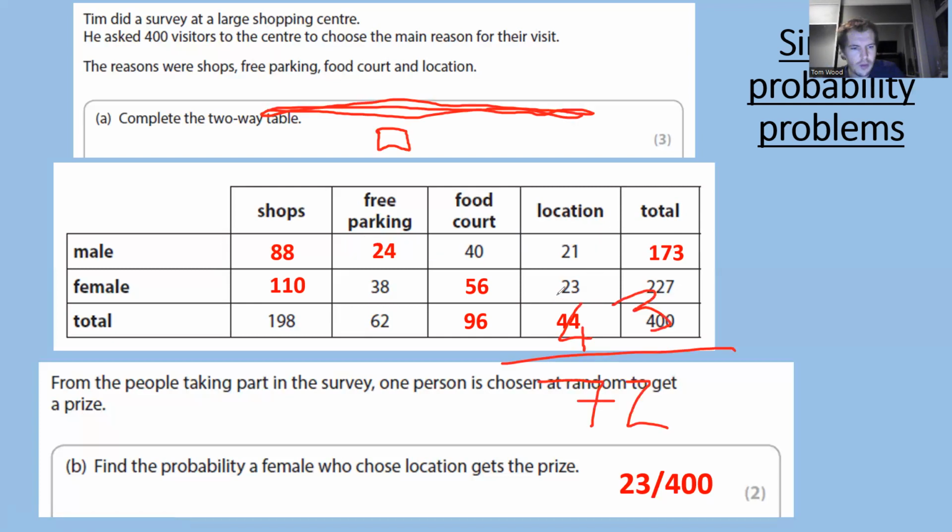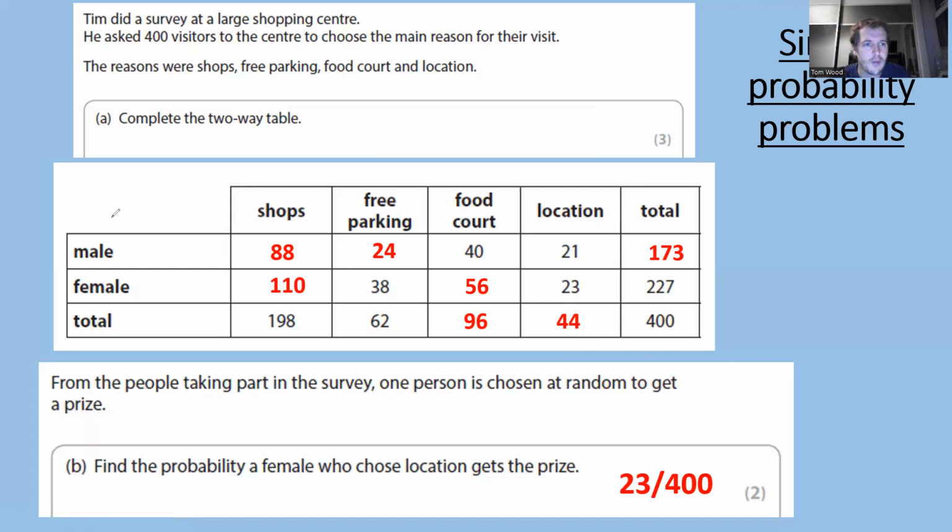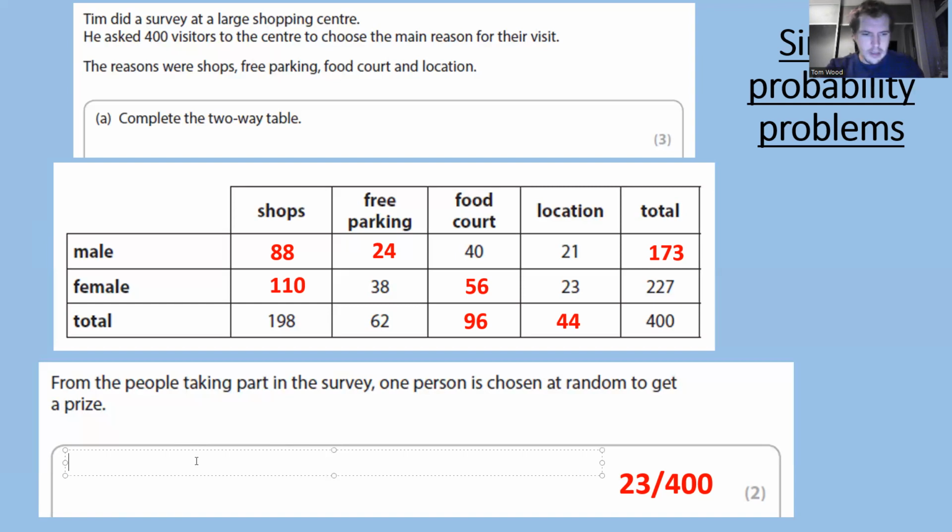Okay, I want to stick with this for just a minute. I'm going to modify the question and ask you guys again, and we're going to go over and practice this a little bit. So I'm going to leave this part of the information the same. From the people taking part in the survey. However, what I now want to know is what is the chance? So again, they could say, what is the chance, the probability, the likelihood?